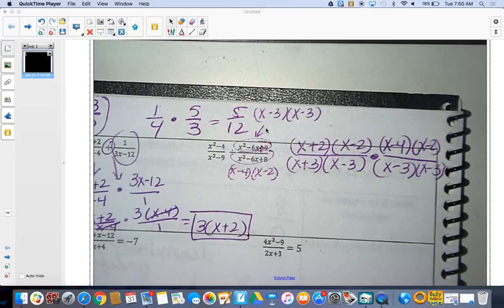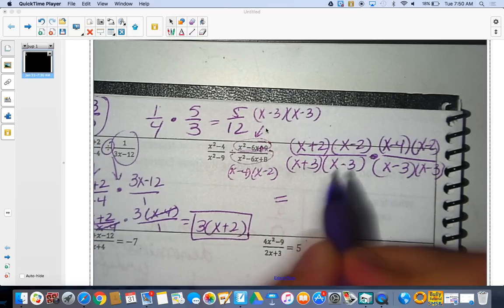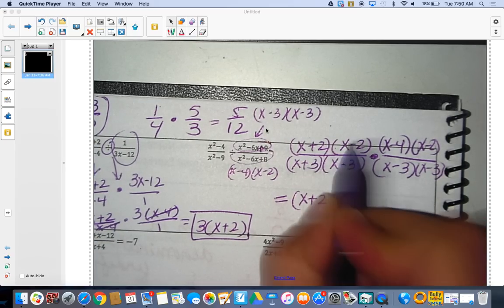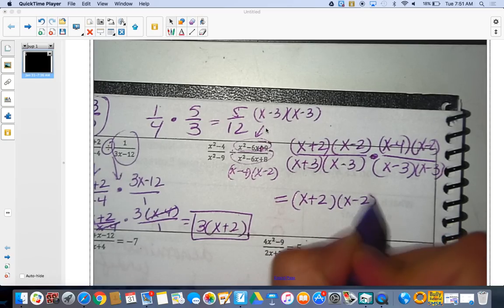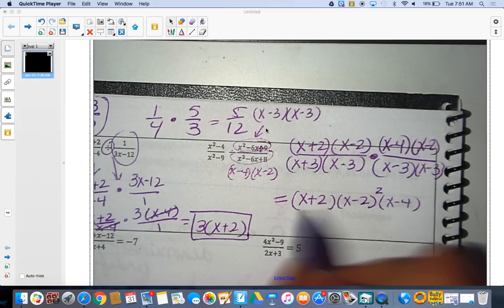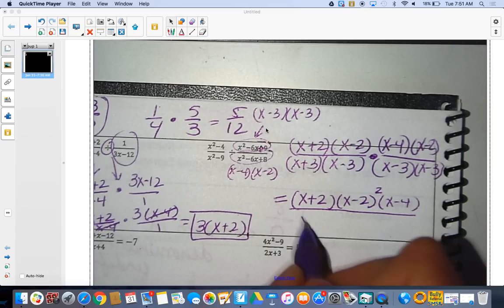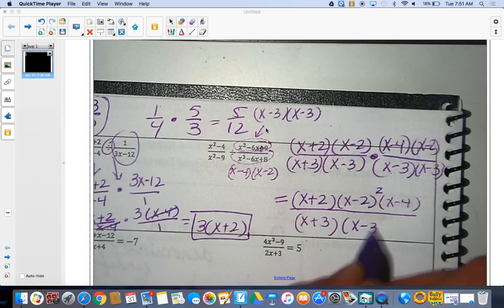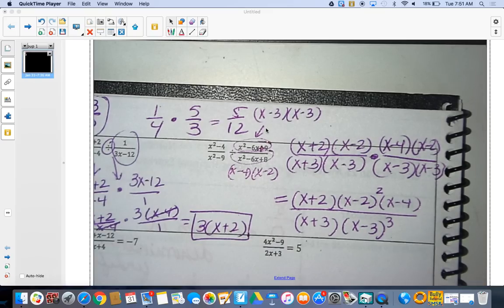There is nothing we can cancel out here. So what we do is we rewrite it as x plus 2, x minus 2 squared and x minus 4 all over x plus 3, and we have x minus 3's. And we're done. And sometimes when we factor it, there's nothing we can do to simplify it. But we still have to multiply them.